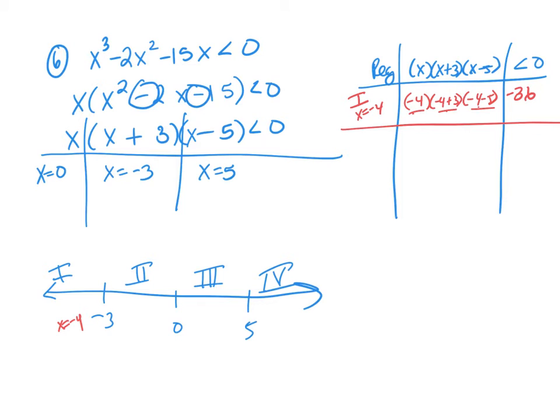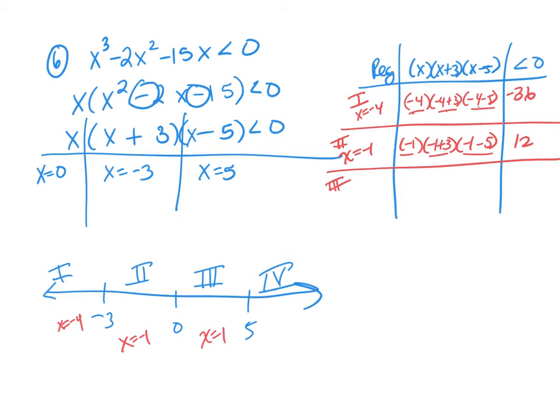Okay, let's look at the second region. Let's do negative 1. So negative 1 plus 3, negative 1 minus 5. Negative 1, positive 2, so negative 2, and negative 6 is a positive 12. Region 3.